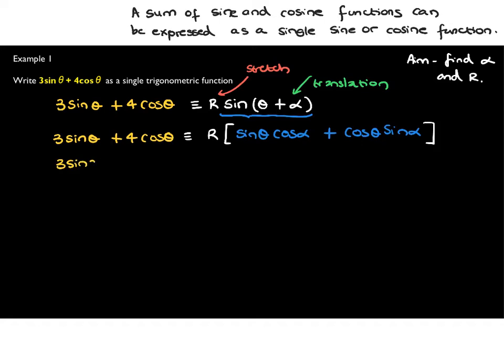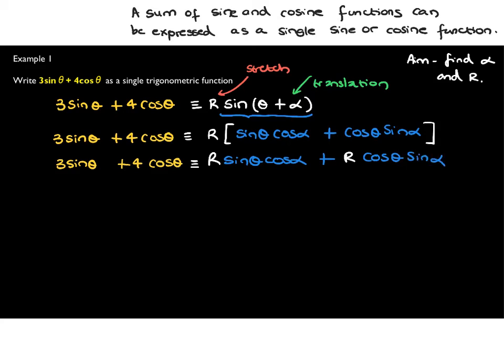And of course, we can multiply everything on the right-hand side by r. So we have r sine theta cos alpha plus r cos theta sine alpha.